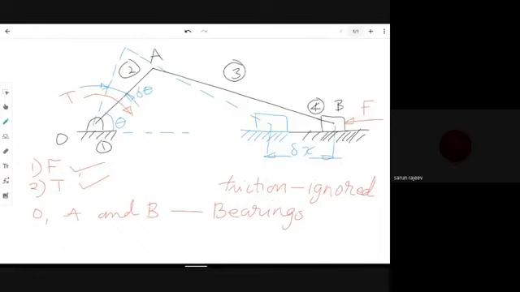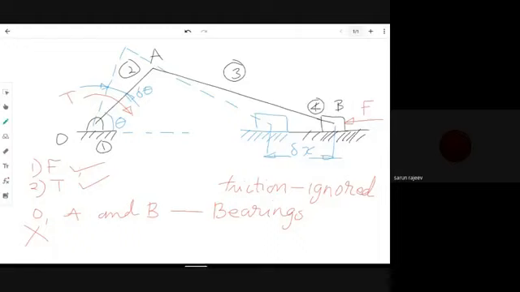So there shouldn't be any work generated by the bearing forces because it is not being detached from the fixed position. That means the bearing reaction at O performs no work.